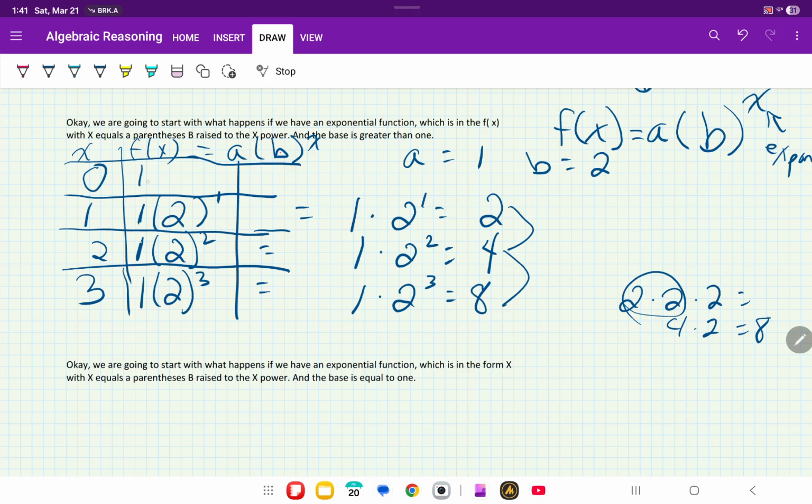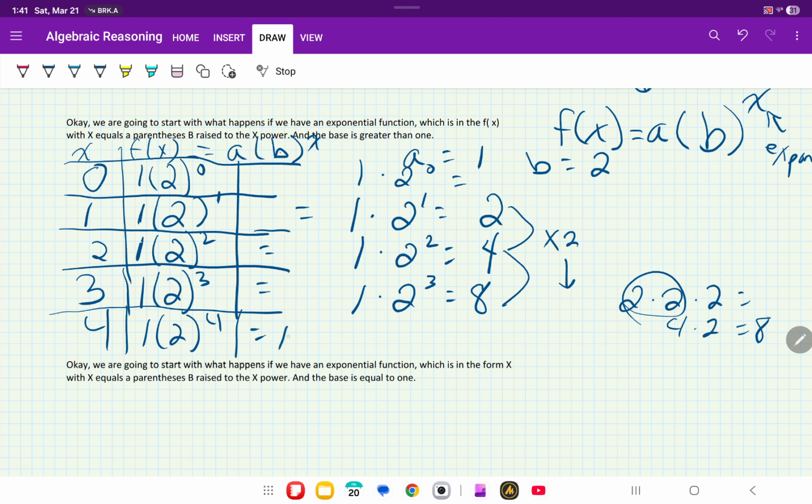We would have 1 times 2 raised to the 0 power. If I am going this other way, multiplying by 2 to get my next one, my next one would be 4. 1 times 2 to the 4th power would give me 16.